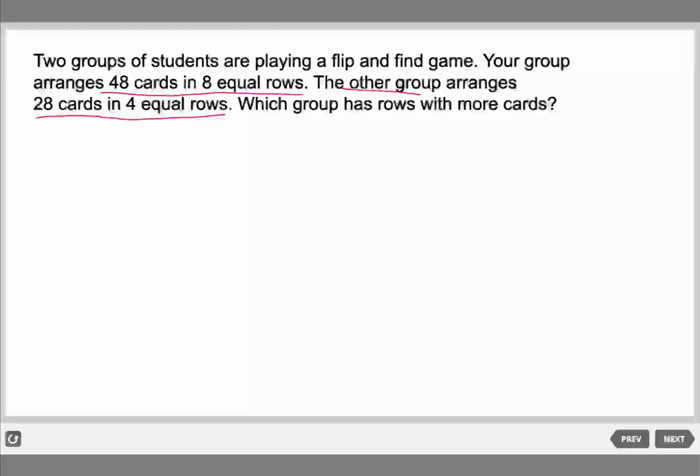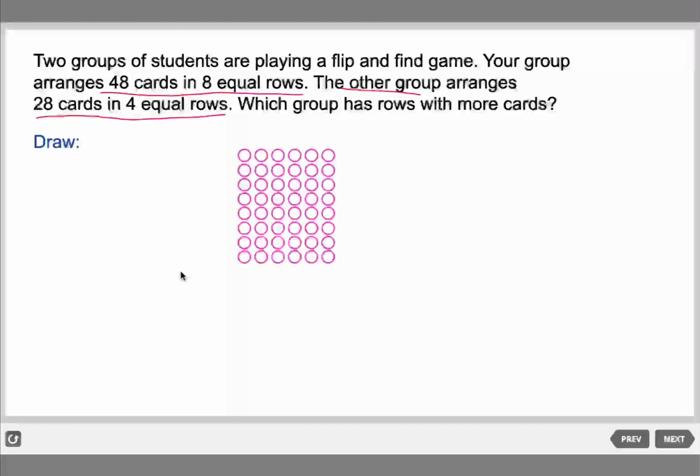Let's start with the first group, your group, arranged 48 cards in 8 equal rows. Let's do it. Okay, let's draw. These are 48. And as you see here, we have 1, 2, 3, 4, 5, 6, 7, 8 equal rows.